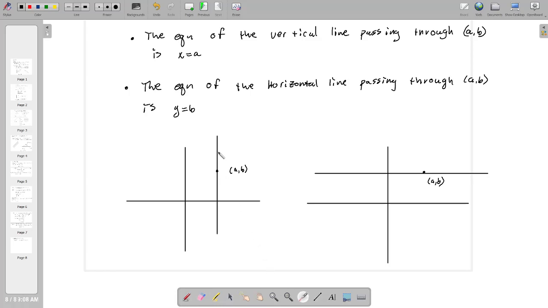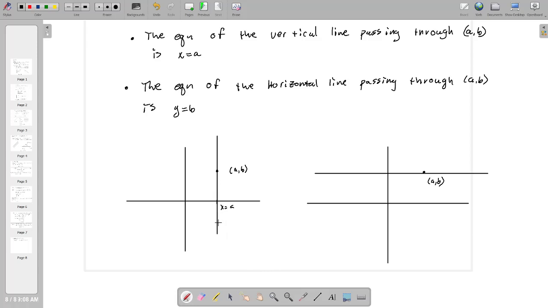So what I want to note here is that x equals a is the equation of this line, because a is the x coordinate of this point, and the vertical line passes through this point. So this has to be x equals a.